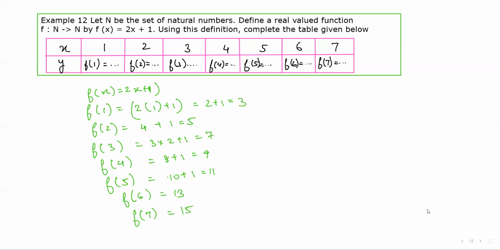Placing these values, we get 3, 5, 7, 9, 11, 13, 15.